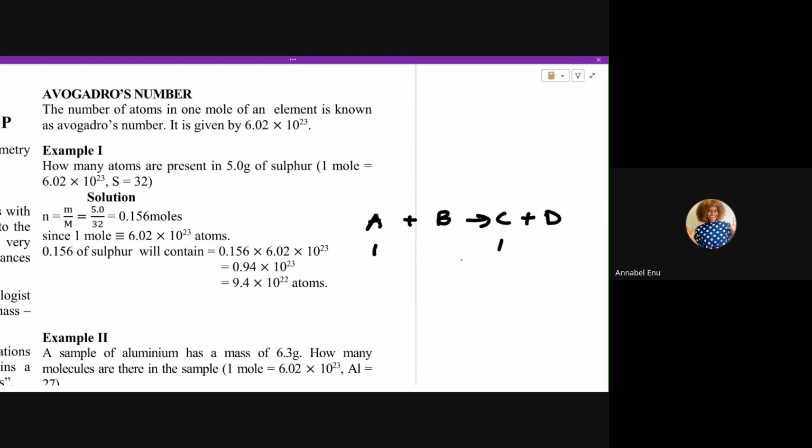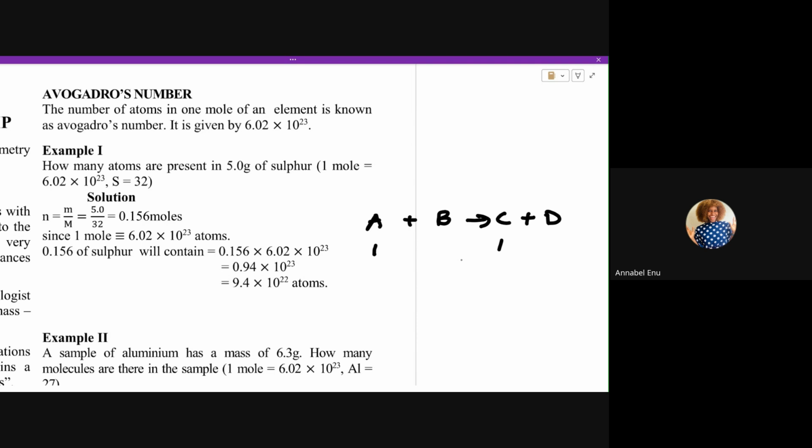Okay, and it makes use of different variables or different quantities. For example, moles. It makes use of mass. It also makes use of volume. It makes use of Avogadro's number.